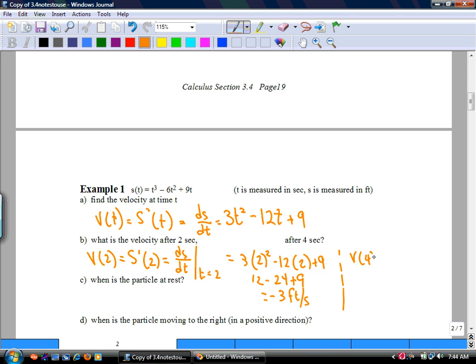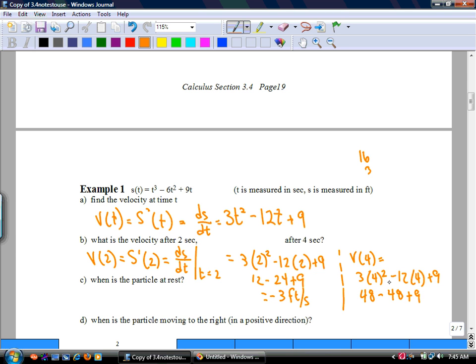After 4 seconds, so v of 4 is 3 times 4 squared minus 12 times 4 plus 9. 16 times 3 is 48. 12 times 4 is 48.